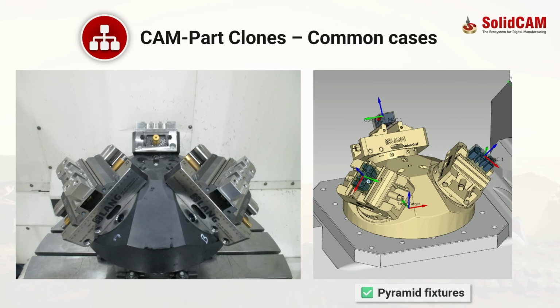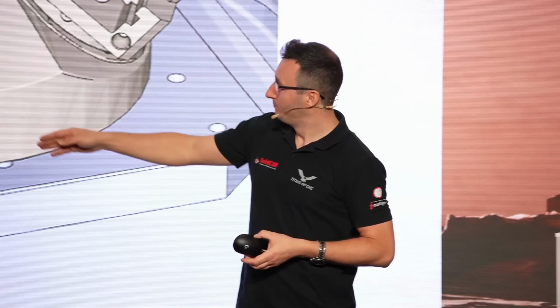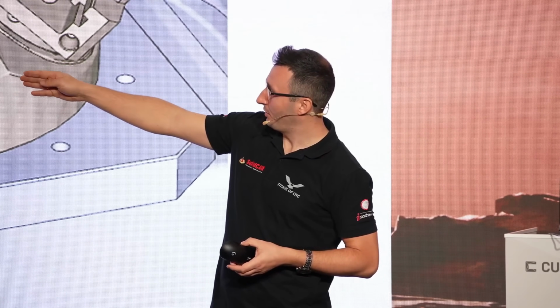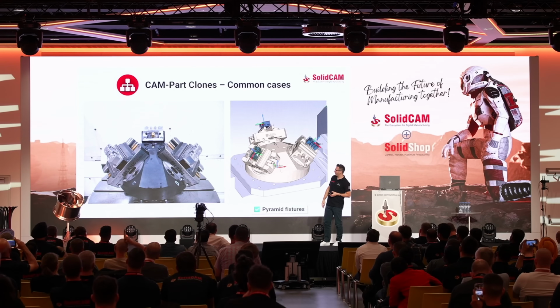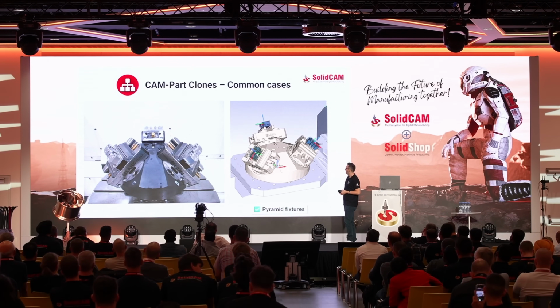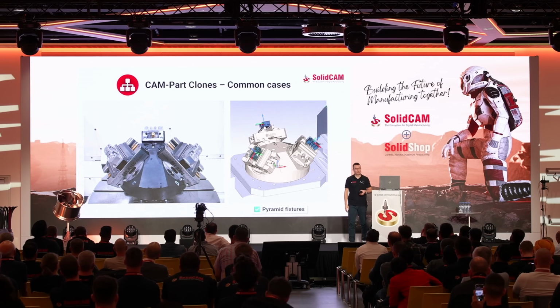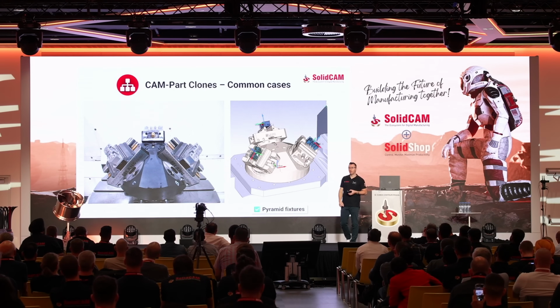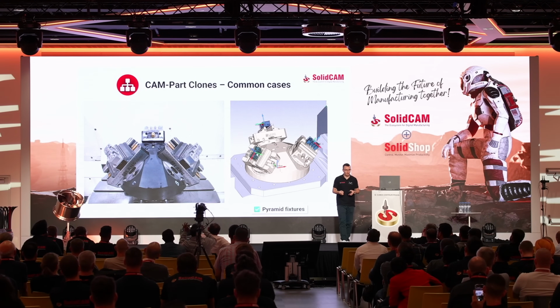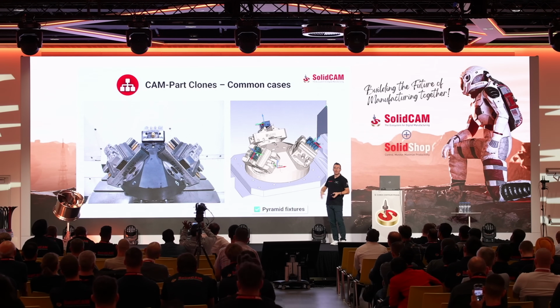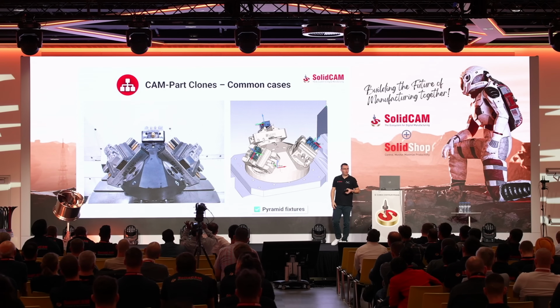Another thing, this is where I will give a demonstration with this part. I found this picture on one of the forums, and I tried to replicate the same in SolidCAM. Pyramid fixtures. Many of you asked for it, but the case with the pyramid is not only like, okay, use the fixture, put the 3 parts there and so on.